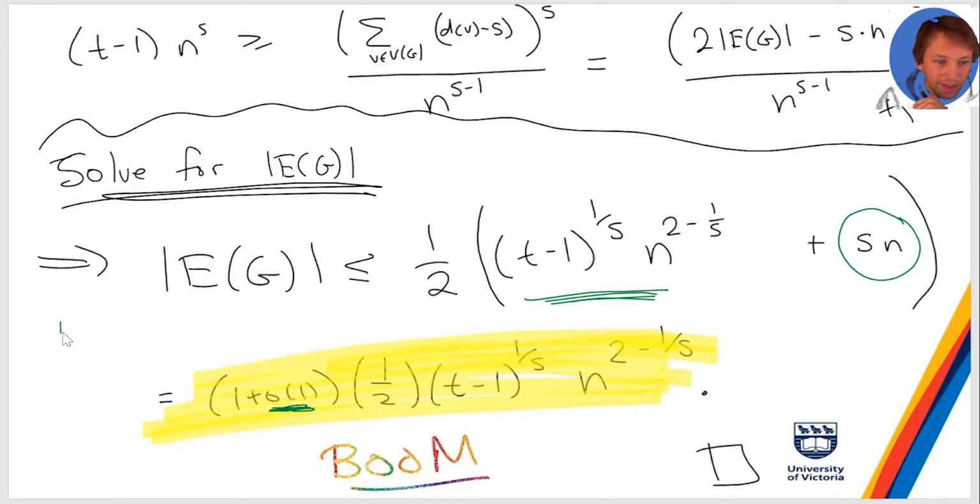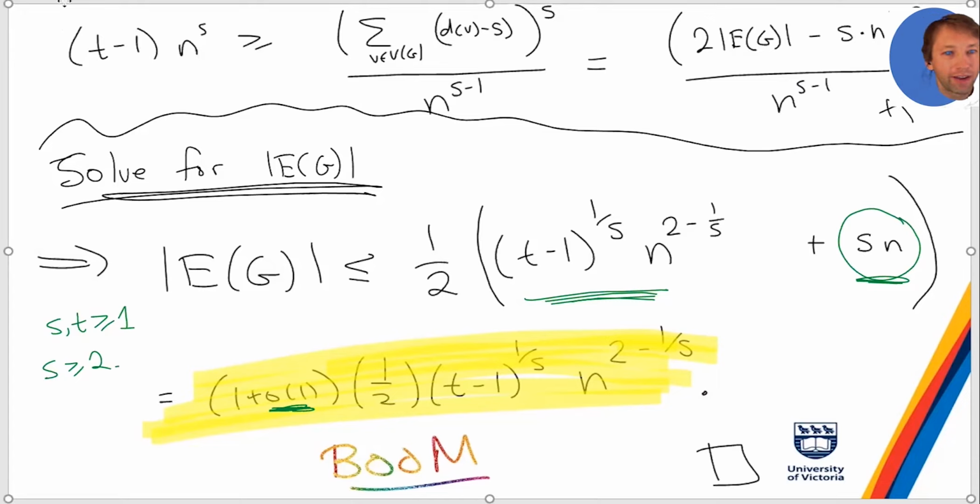In the statement of the theorem, I wrote that s and t are at least 1. I probably need to say s is at least 2 in order for this to really be a little o(1) term, because if s is 1, here I get an n, right? But this is just some extra thing that grows slower than n to the 2 minus 1 over s. Okay, any questions about that?